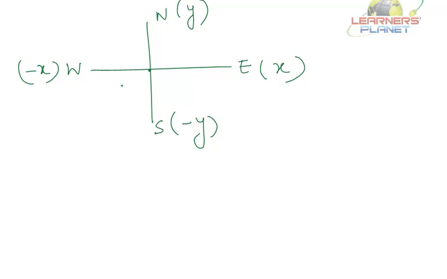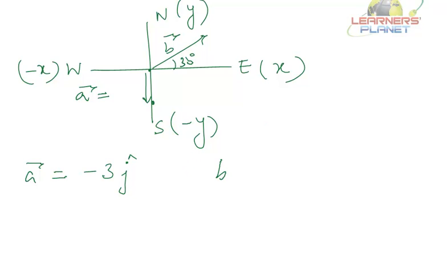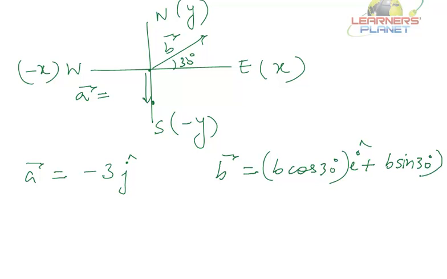So the first vector A is 3 units in the south. So this vector A can be written as minus 3 j cap. And vector B is given as 4 units and making an angle 30 degree with the east direction. So the vector B can be written as B cos 30 i cap plus B sin 30 j cap.